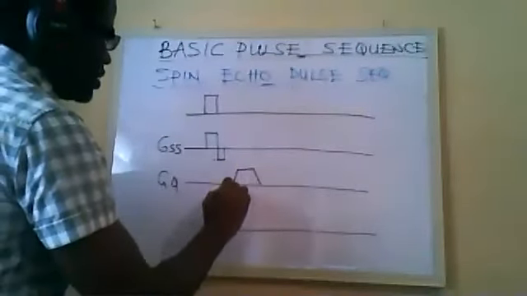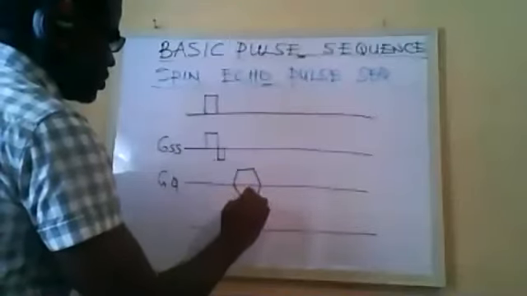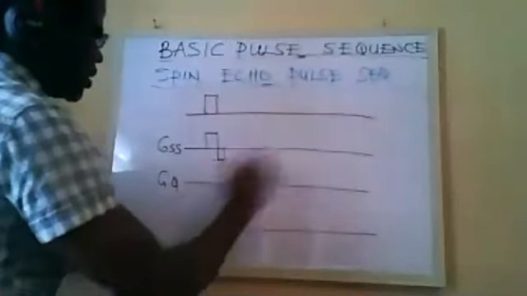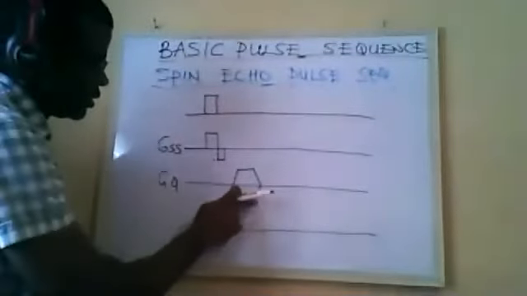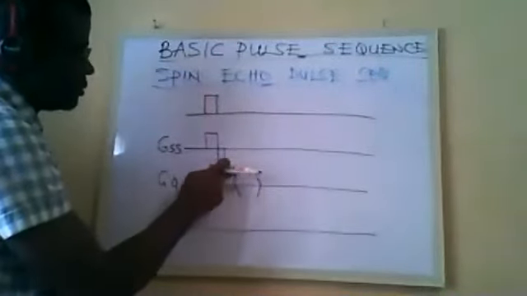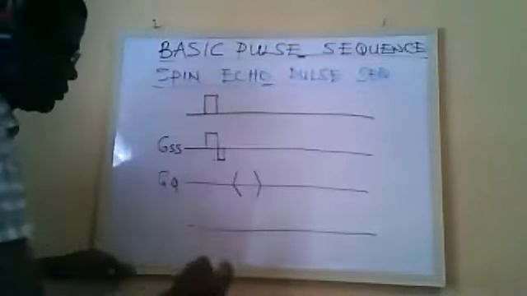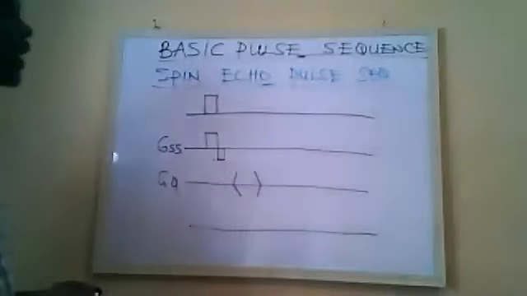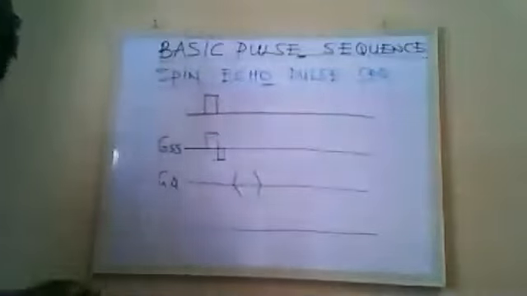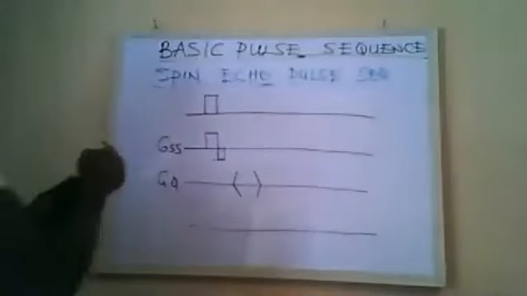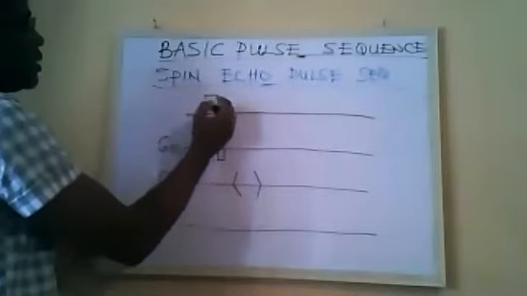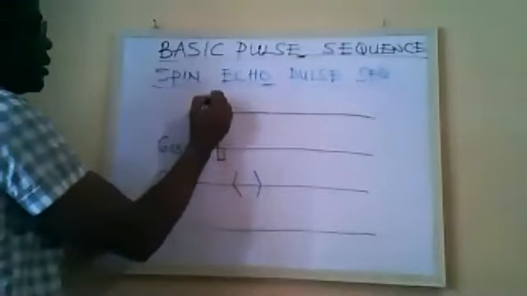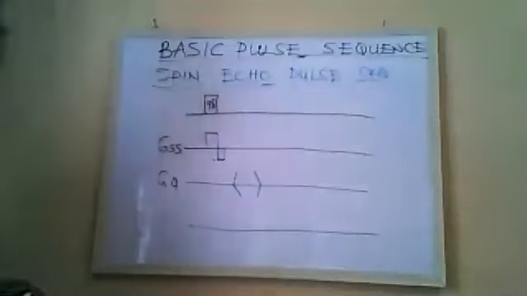Let me just complete this shortly so that we keep filling them. So for spin echo, we normally use a 90-degree pulse.